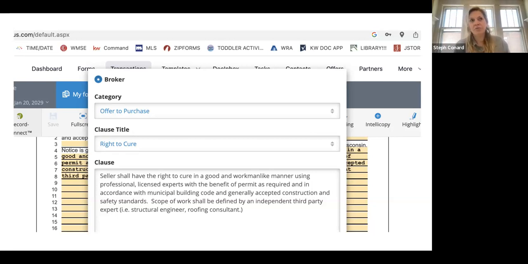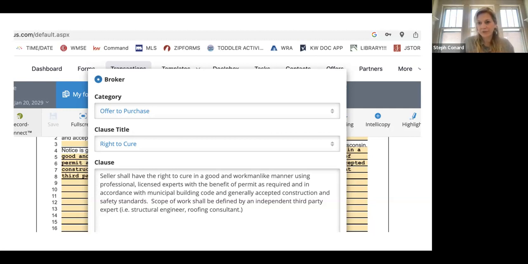And so adding this language puts more strict parameters on how repairs can and need to be done. If you add this in your offer, what the clause reads is seller shall have the right to cure in a good and workmanlike manner.